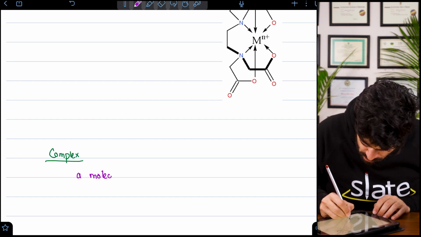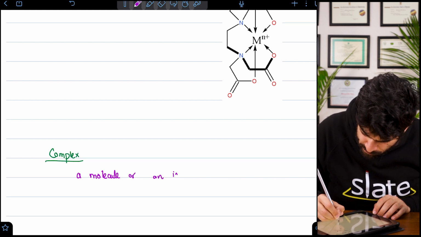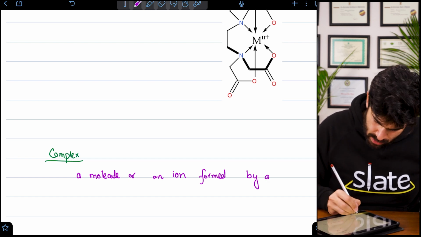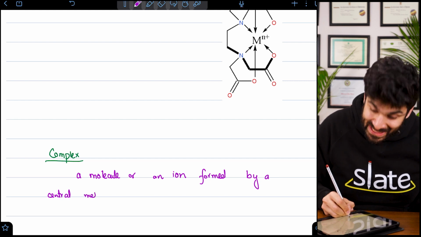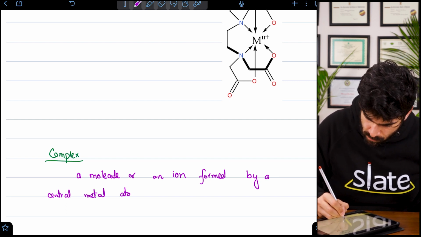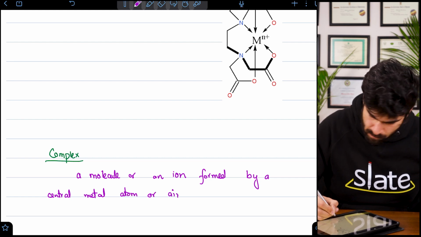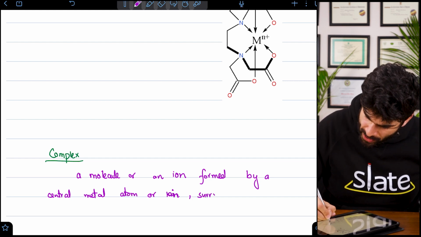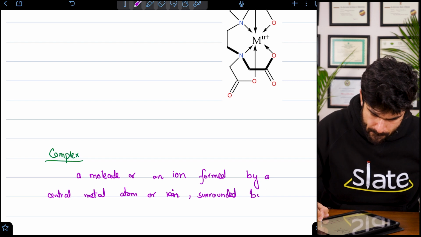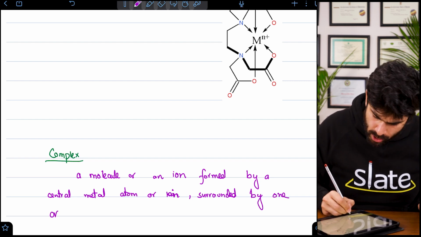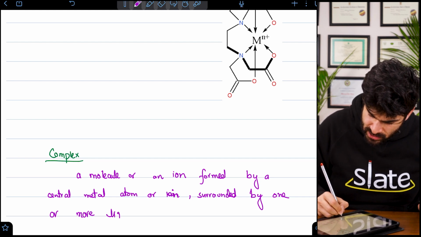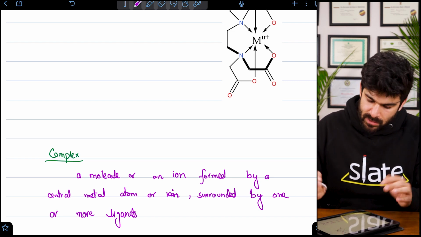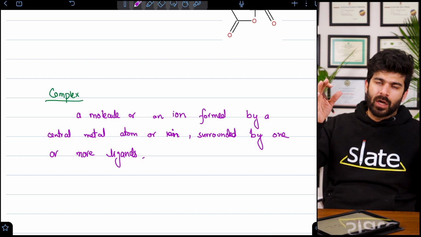So a complex is a molecule or an ion which is formed by a central metal atom or ion surrounded by one or more ligands. Why one or more ligands? Because in the case of EDTA, we don't need any other ligand. We just have one EDTA and that's it. So that is what a complex is about.